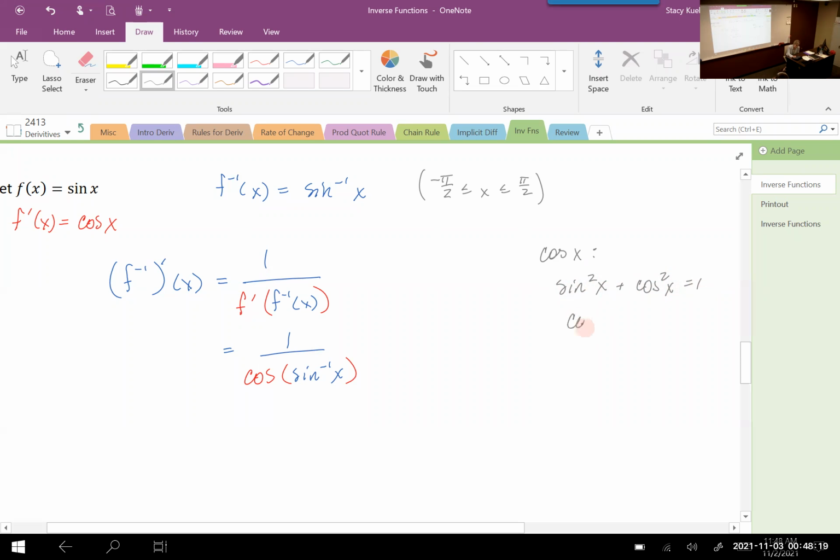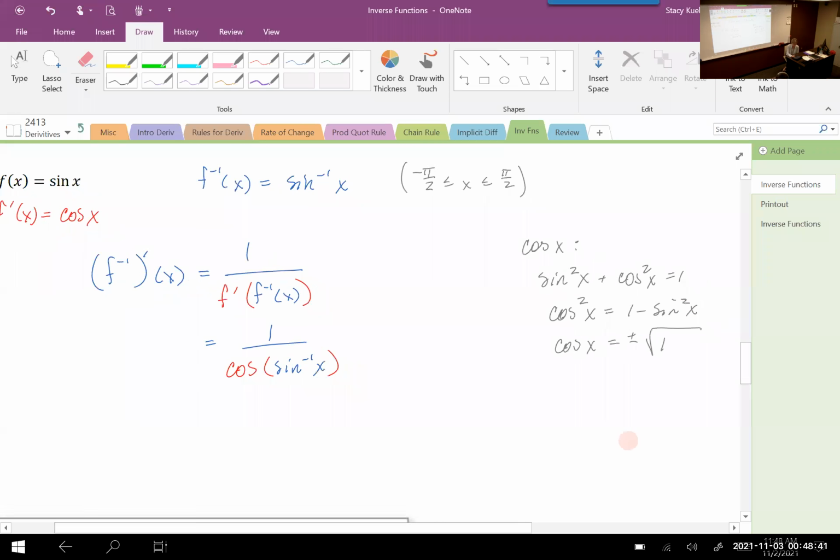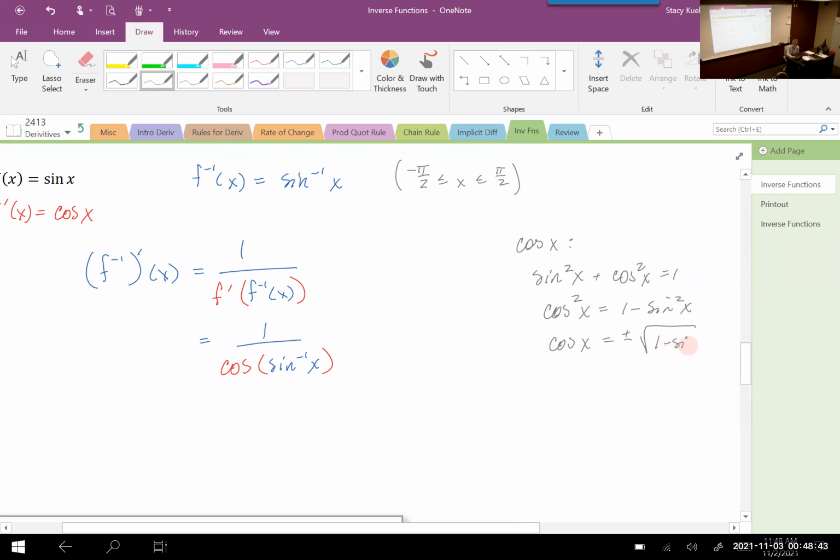So cosine squared x would be 1 minus sine squared x. Take the square root of both sides, and I have cosine x is equal to plus or minus the square root of 1 minus sine squared x.